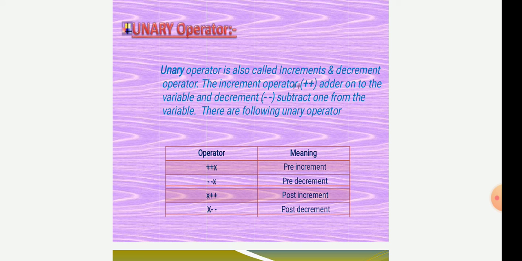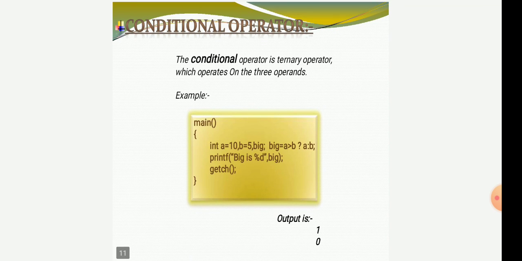So here you can see there are multiple unary operators such as pre-increment operator, pre-decrement operator, post-increment operator, and post-decrement operator.